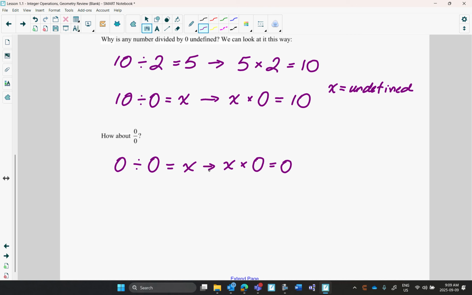0, 1, negative 1, 2. It's over. X can be any number. So 0 divides 0 is anything. Or sometimes what we say, if it's all numbers that go on forever and ever, some people like to do the fancy infinity.